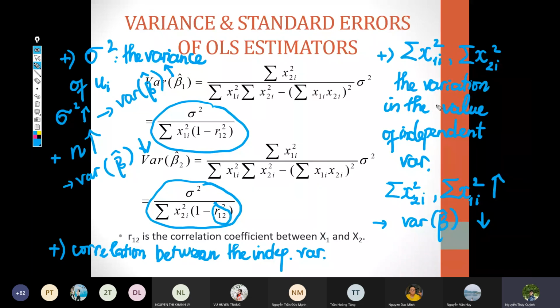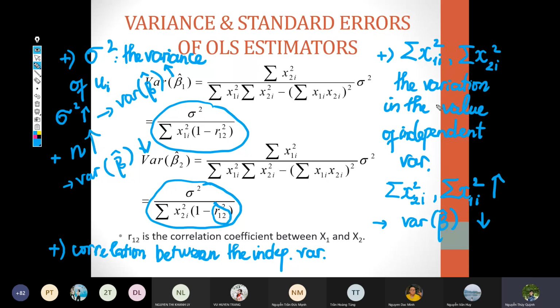But for the multiple regression model, we have one more thing. We still have those three factors, and they still affect the precision of our OLS estimators. But we have one more factor that we care about here. That is the correlation between the independent variables.